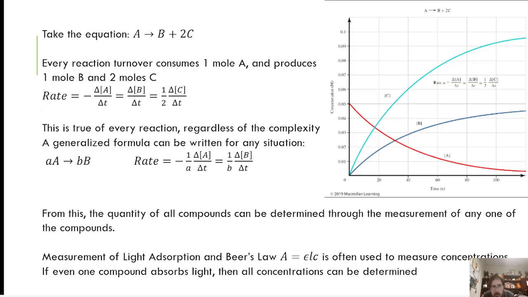So if one molecule absorbs light, I can figure out the rate with regards to all of the parts. I can figure out all the other concentrations at any given time.